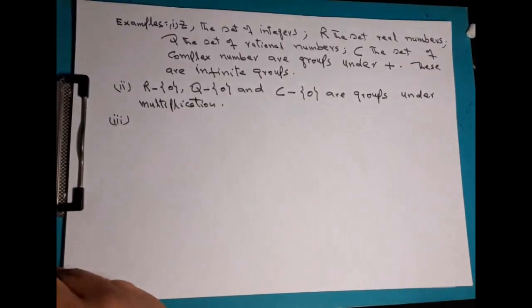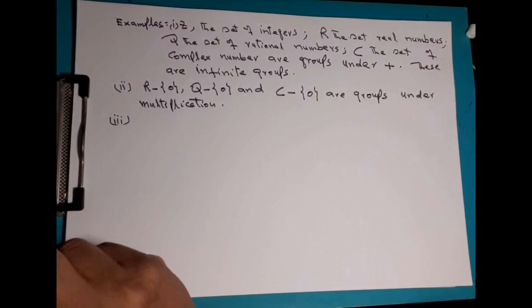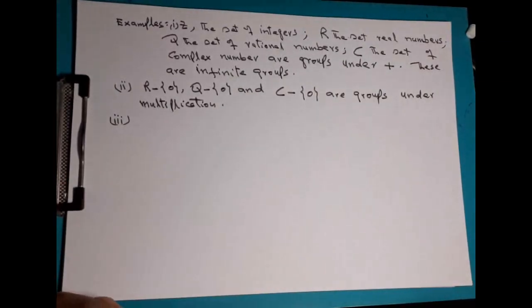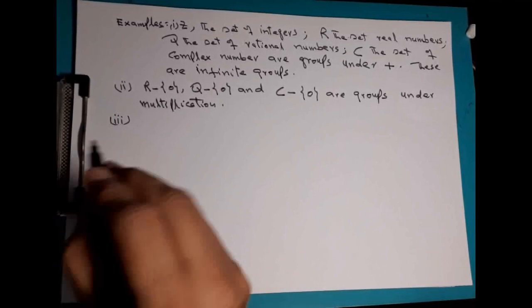And in our previous session, we discussed an example 0, 1, 2, 3, 4, and 5 under the binary operation addition modulo 6. So we can generalize it.